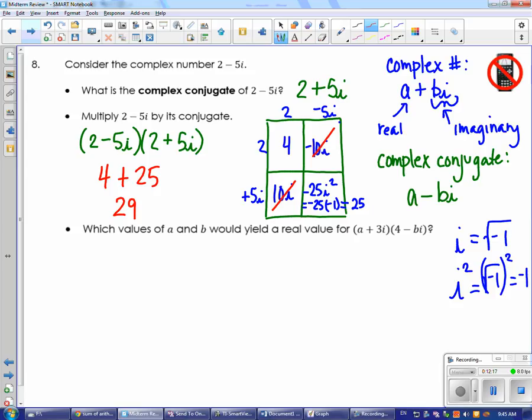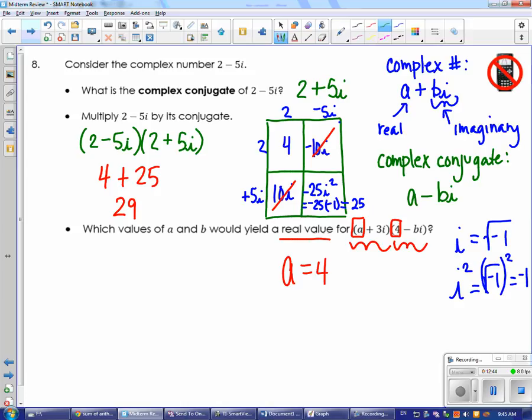So in this last bullet, it asks which values of a and b would yield a real value for this quantity. And so you have to remember the relationship between a complex number and its conjugate. When we multiply them together, we get a real number. So that must mean that these two quantities are complex conjugates, which means that these terms need to be the same. So a must equal 4.